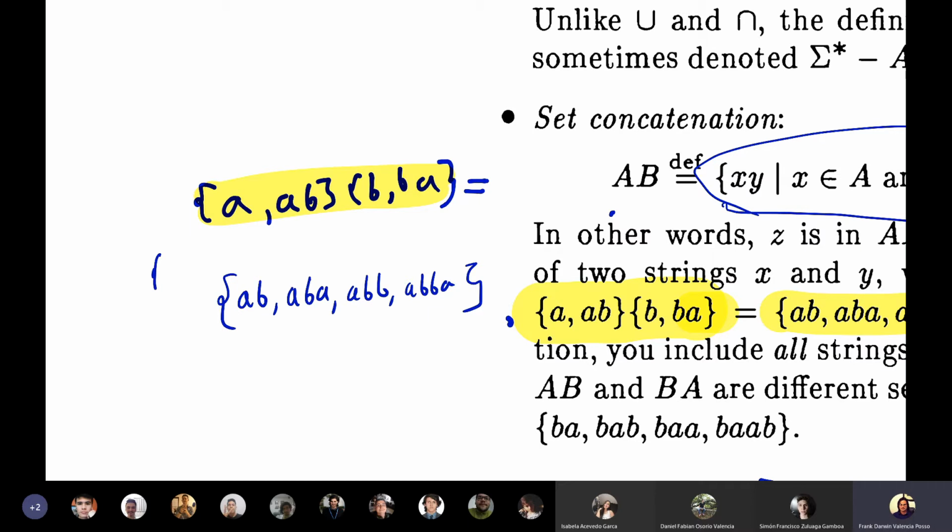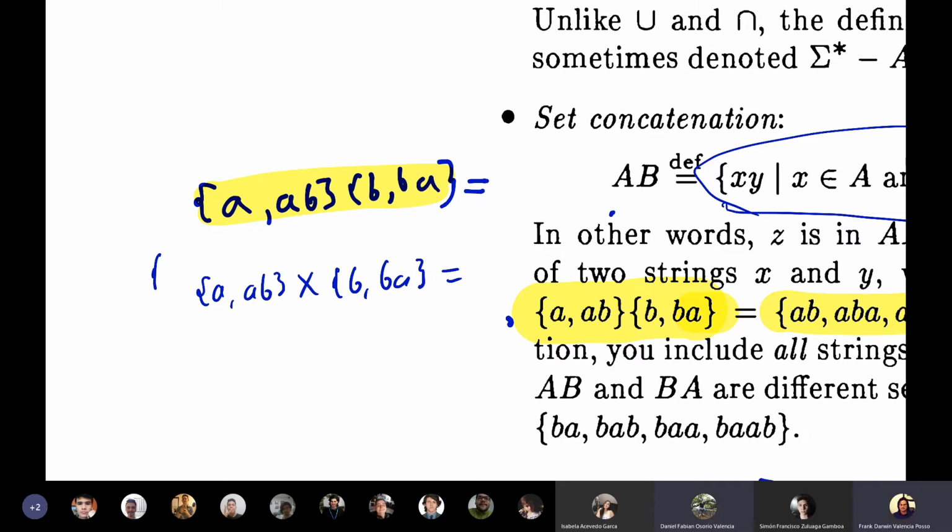So is that clear, right? That's clear now. So now there was the question of the Cartesian product. Let's see the Cartesian product of these two. What's the Cartesian product of these two sets?